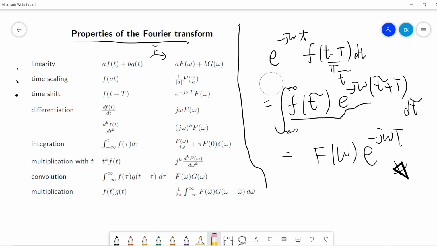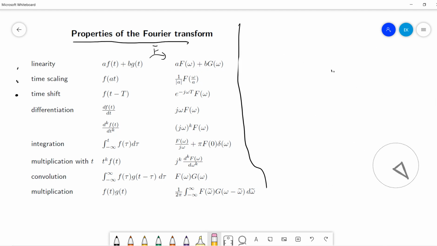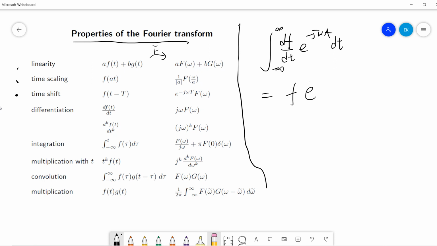Now we are proving the differentiation. For differentiation, we need to use integration by parts. So df dt, suppose this is what we want to do. We use integration by parts. This is f times exponential minus j omega t, minus the integral of f times the derivative of exponential minus j omega t with respect to t.